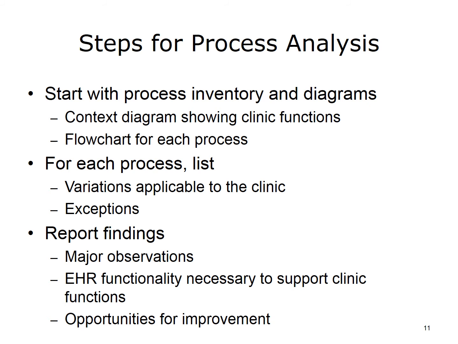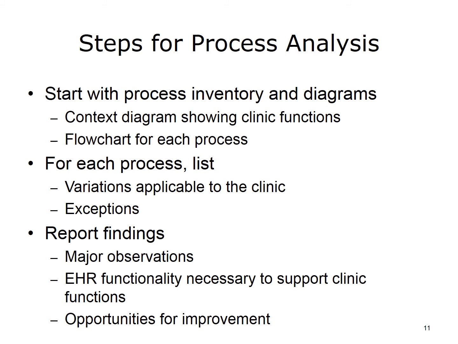Start with process inventory and process diagrams, covered in Units 2 and 3. These should provide a context diagram showing clinic functions and a flowchart for each process. For each process, list the process variations applicable to the clinic, as well as exceptions that often occur. For example, for a patient visit, a common exception would be that a patient cancels or does not show up.